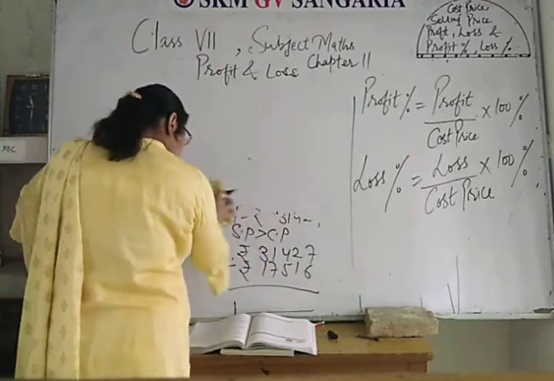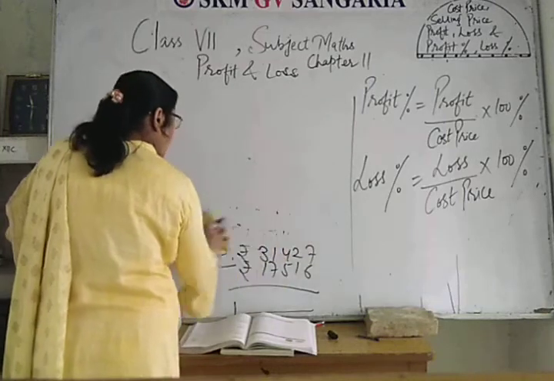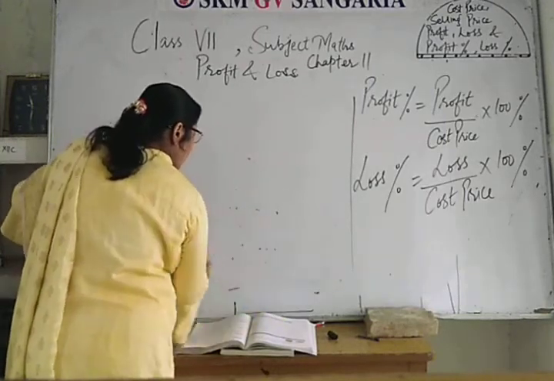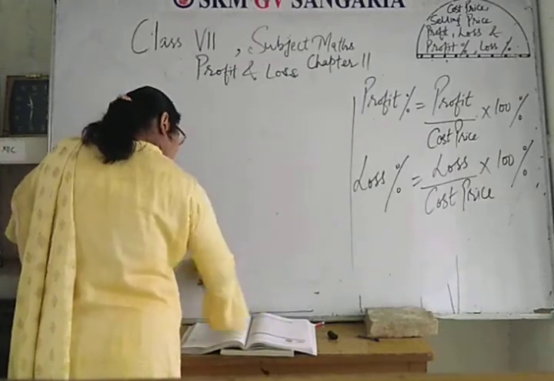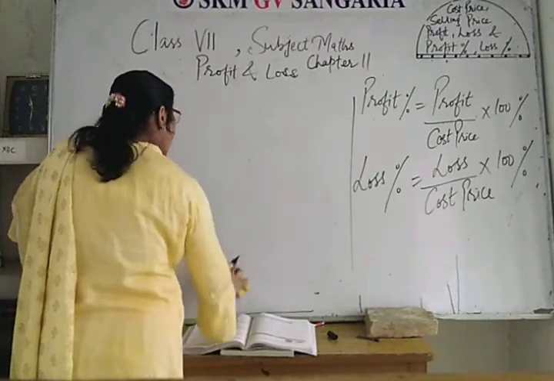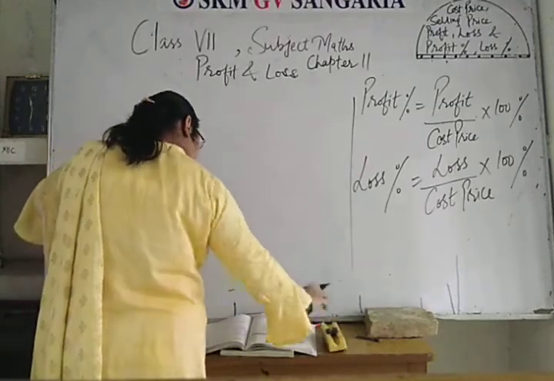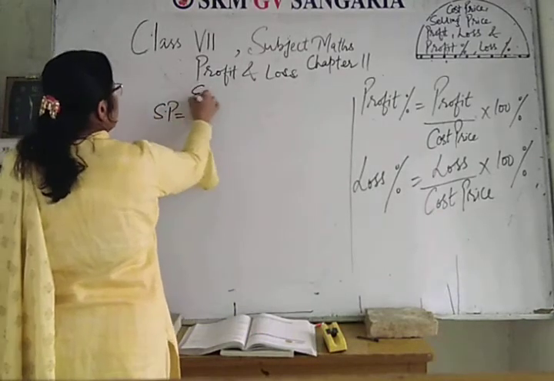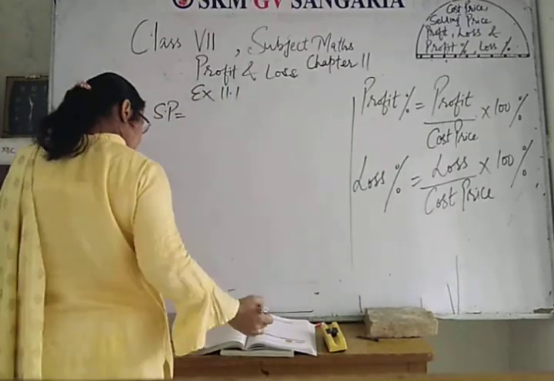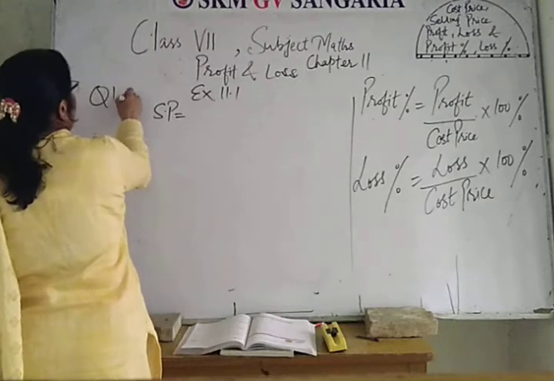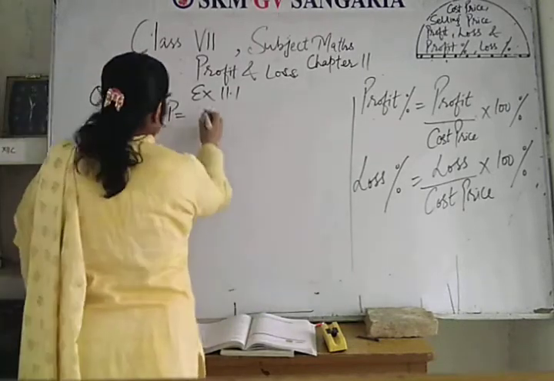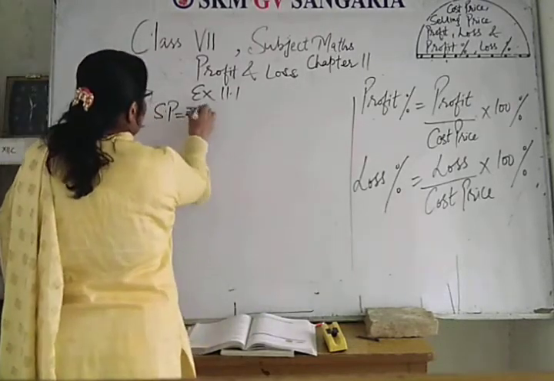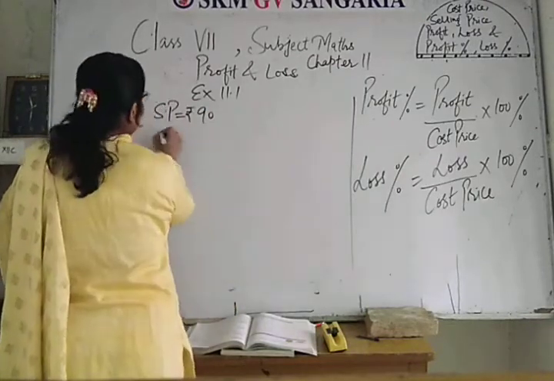First question is: find the profit or loss percentage. You are given selling price and cost price. This is exercise 11.1, question number 1, part A. Selling price is rupees 90, cost price is rupees 60.